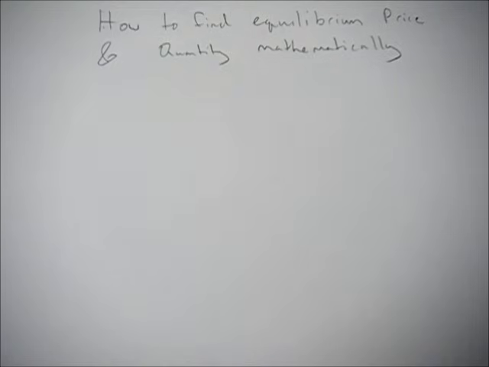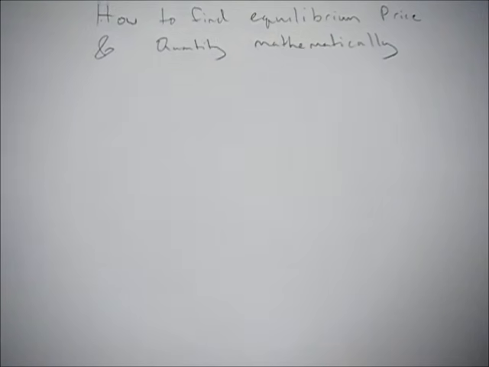Alright, this video is going to go over how to find equilibrium price and quantity mathematically for your introductory microeconomics course. There are 4 steps here that you'll need to go through, and you should be able to solve any of these problems.